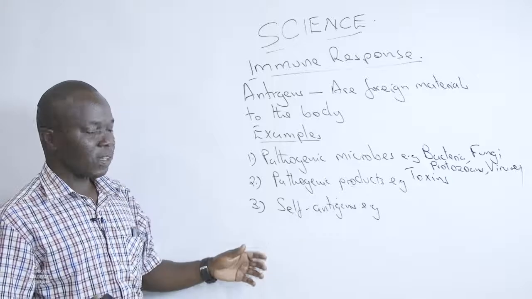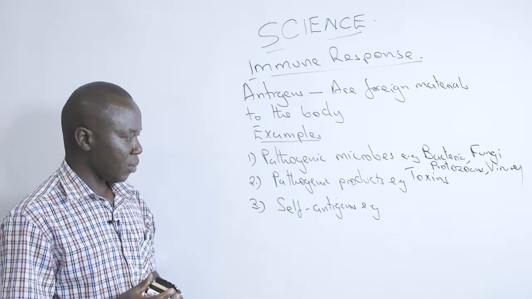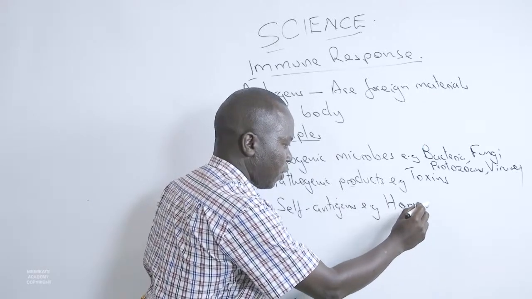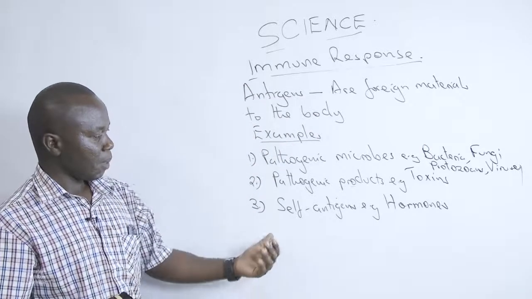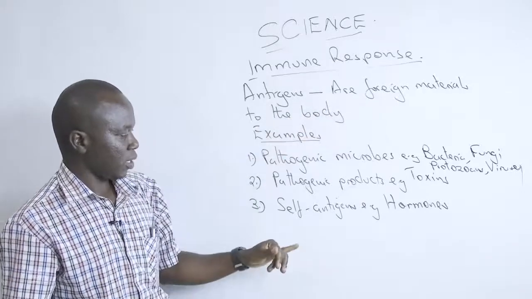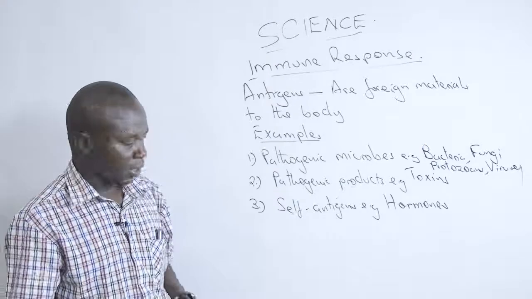This is very common in lactating mothers or pregnant women. So hormones could be an example of antigens. The body has produced its own material, but now the body recognizes it as foreign material. So we call those ones self-antigens.